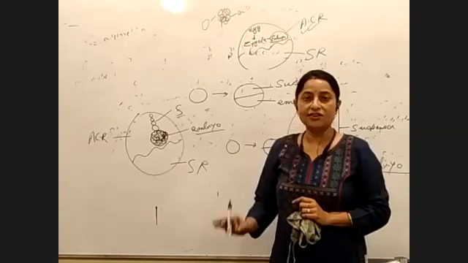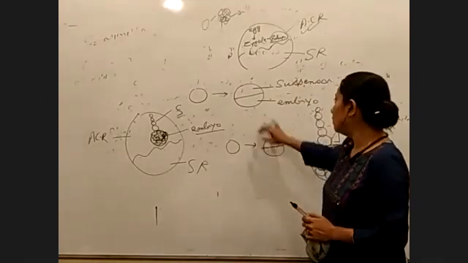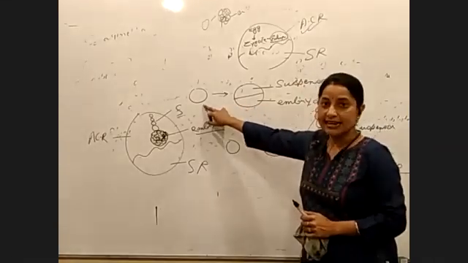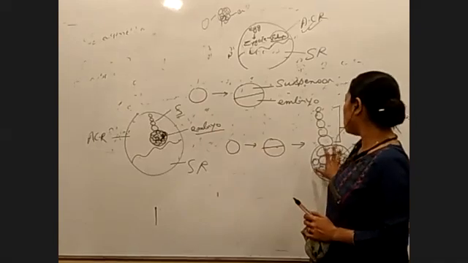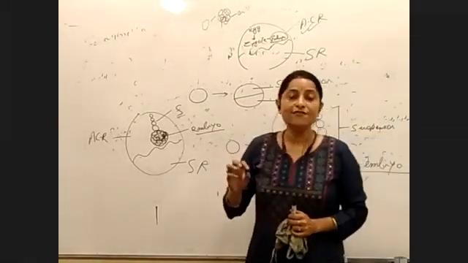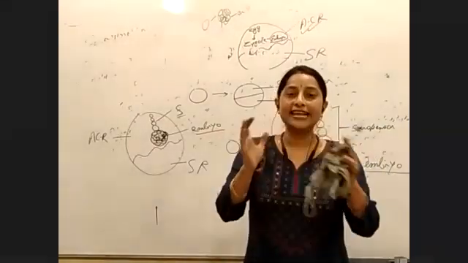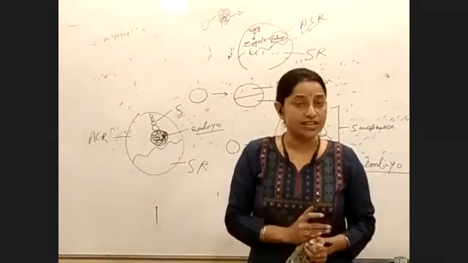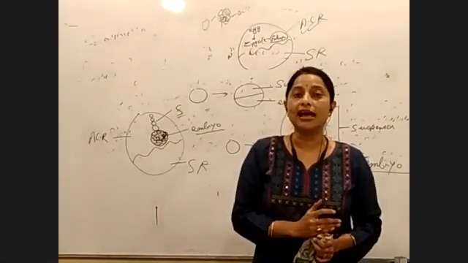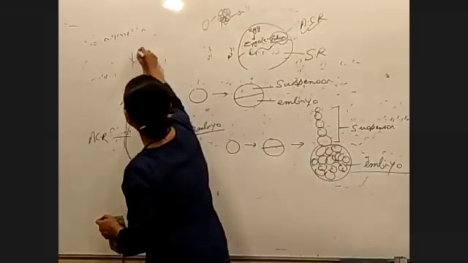Yes, the entire zygote does not form the embryo, because the zygote is one cell, and from that cell the embryo and suspensor both form, right? So if the embryo is formed from the entire contents of the zygote, it is called holoblastic embryo development.